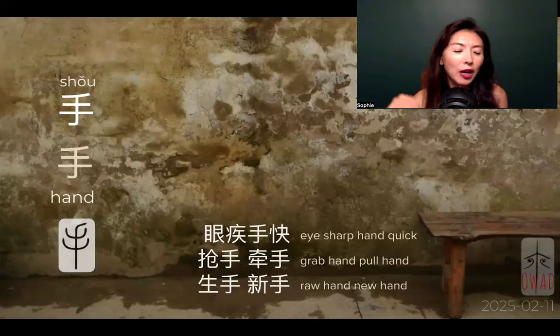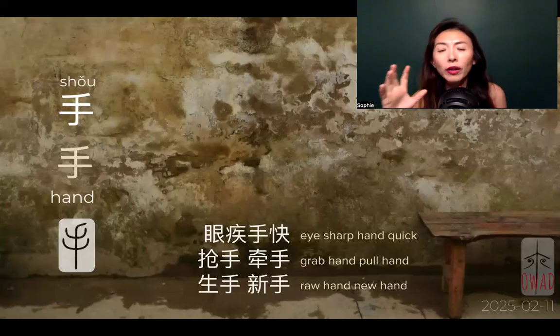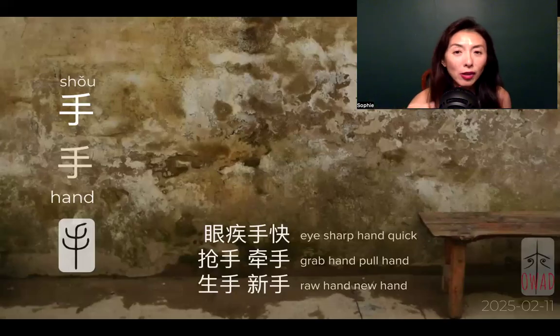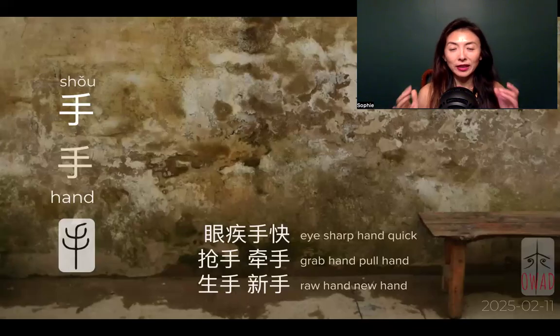So 生手, raw hand, raw is the antonym of 熟手. 熟手 means experienced, who has done this for a long time, like the 10,000 hour thing, expert level. 生手 is somebody who is new in this field and whose hand-eye coordination, dexterity, nervous system adaptation to this particular job is not yet there.